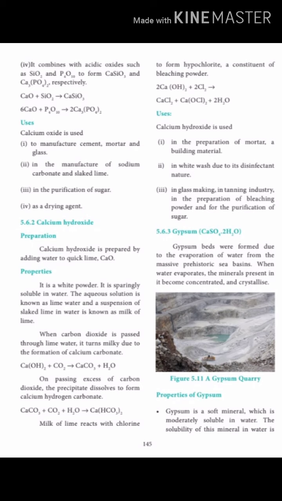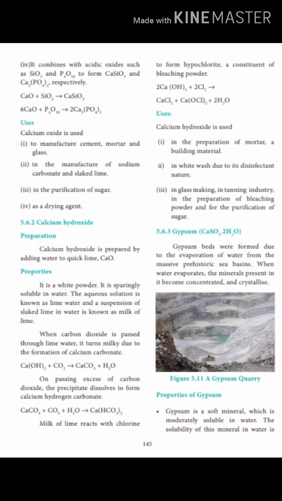On passing excess carbon dioxide, the precipitate dissolves to form calcium hydrogen carbonate.